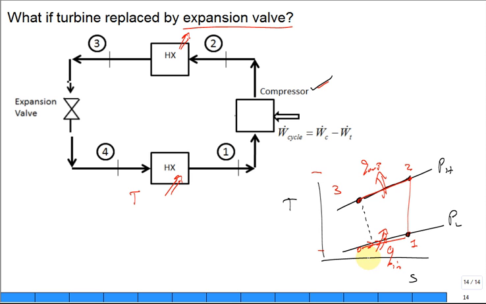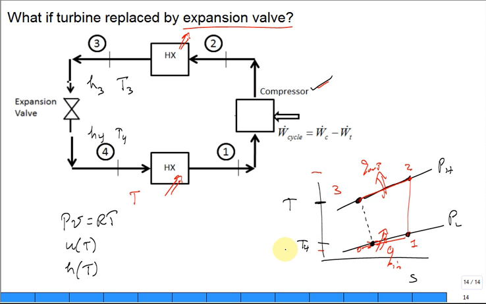What do we know about ideal gases? PV is equal to RT. U is a function of T only, and H is a function of T only. So tell me, is H3 equal to H4? How do T3 and T4 compare? As you just showed me, T3 is higher than T4. Right?